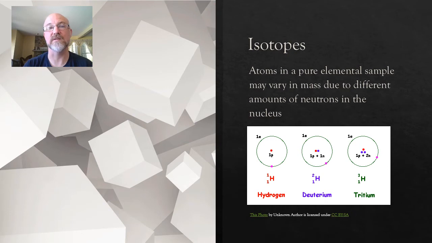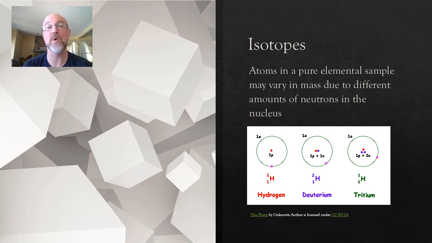So the first thing we need to remember here is this idea of isotopes. For any sample of an element, while the atoms are identical in terms of the number of protons they have, and assuming that they're not charged or ionized, they all will also have the same number of electrons that correspond to the number of protons.